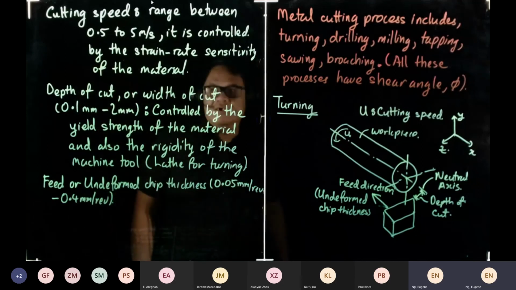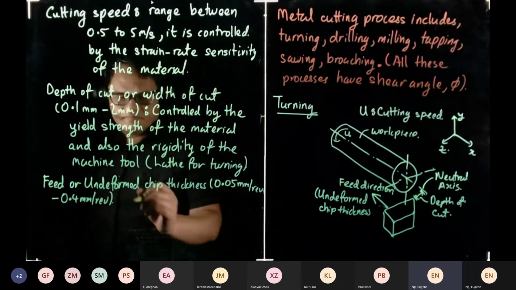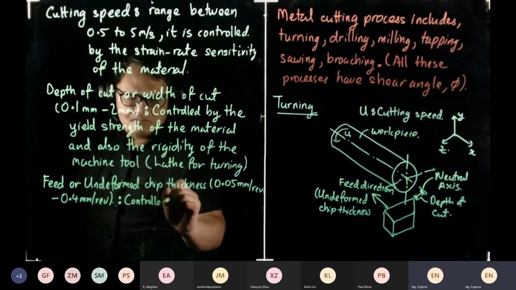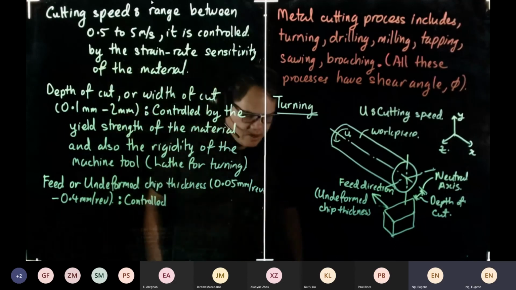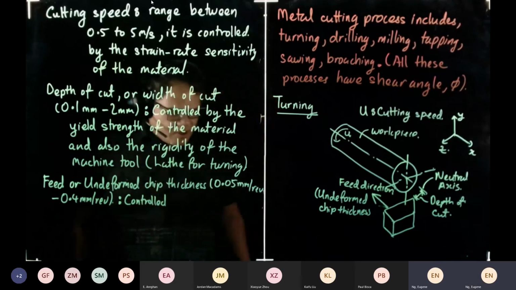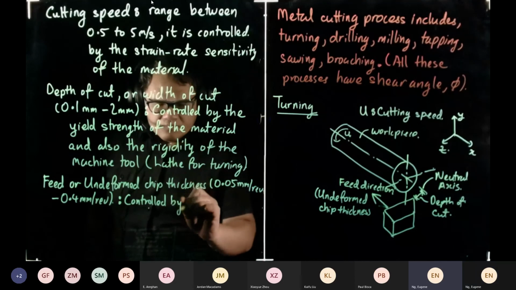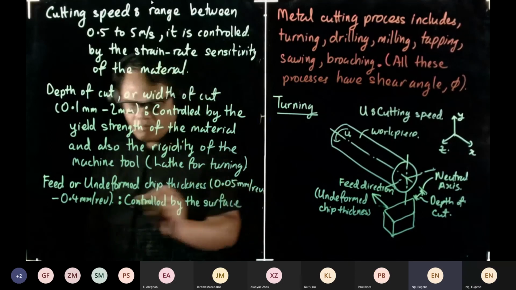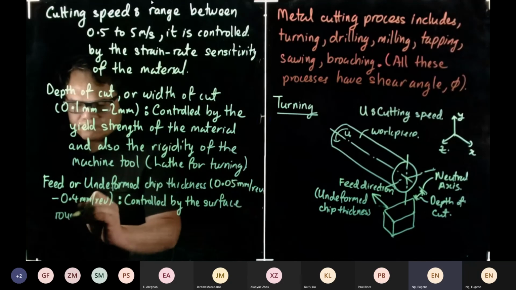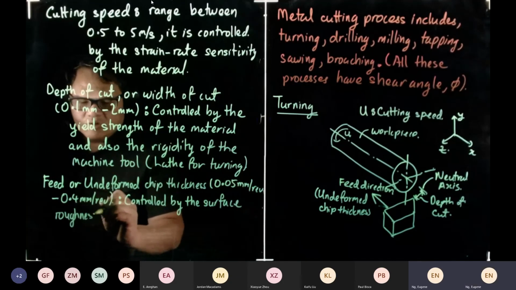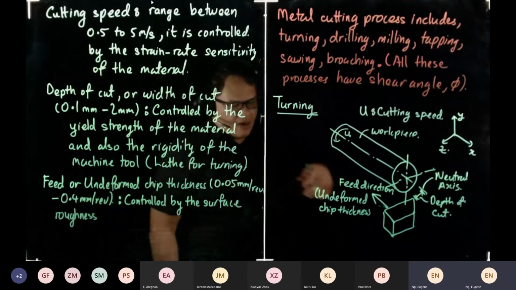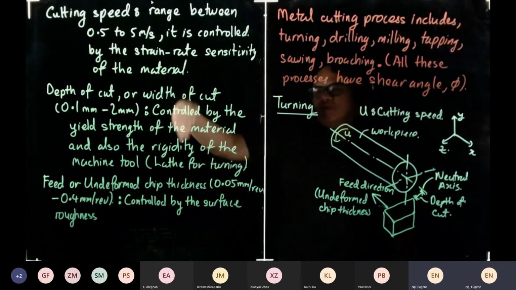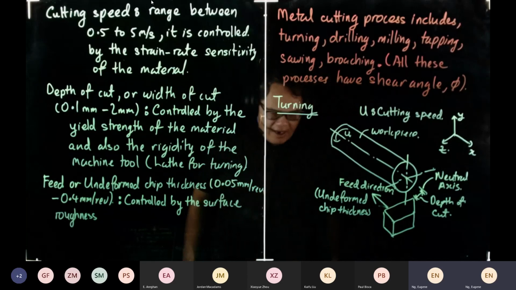And this is controlled by the surface roughness. So depending on what roughness you want to generate, I will tell you later why the roughness will come into play.